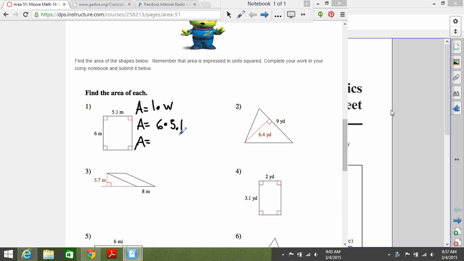Type that in. Okay, what do you get? 30.6 meters squared. Area has to be measured in squared units.